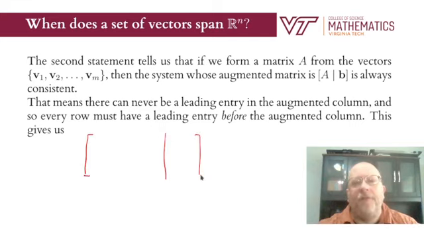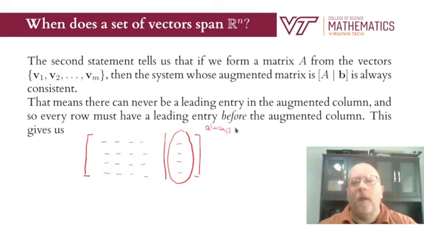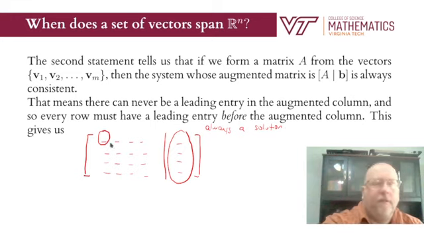So if I have a system of equations here, and I don't know how many rows or columns are in this system, I'm just doing an example now, if this is always going to be the solution, no matter what goes here, that tells me that I have to have a leading entry in the first row over here, because if I didn't, let me show you.